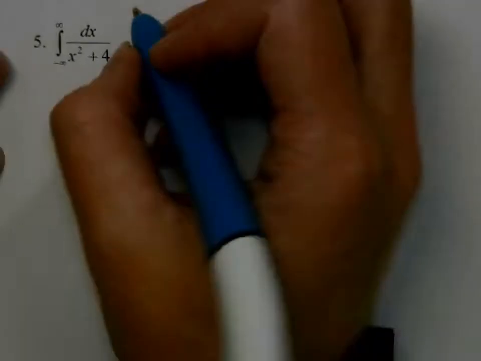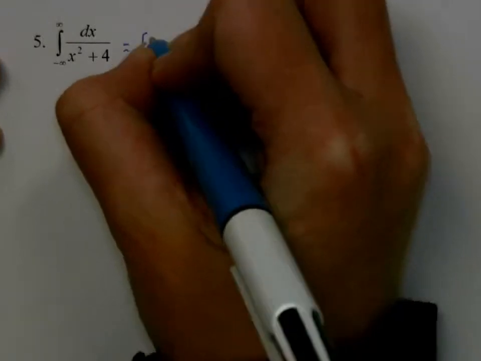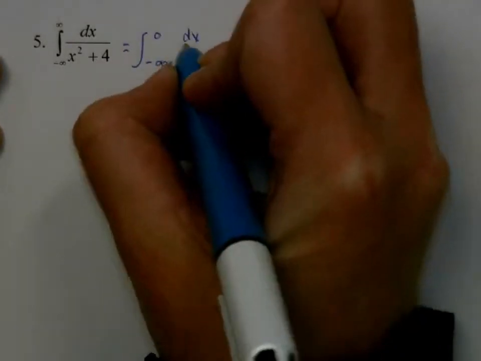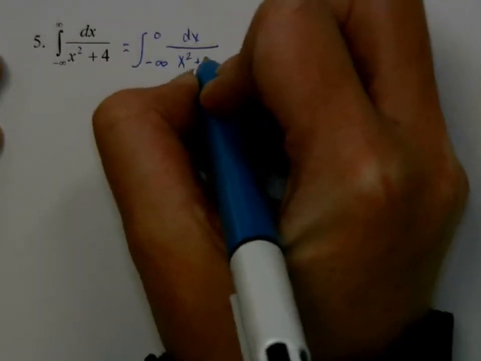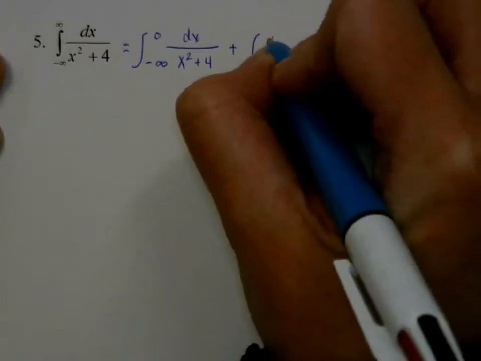Okay, so we're going from negative infinity to positive infinity of 1 over x squared plus 4. So first thing I'm going to do is split this up into two integrals, from negative infinity to 0 and from 0 to infinity.